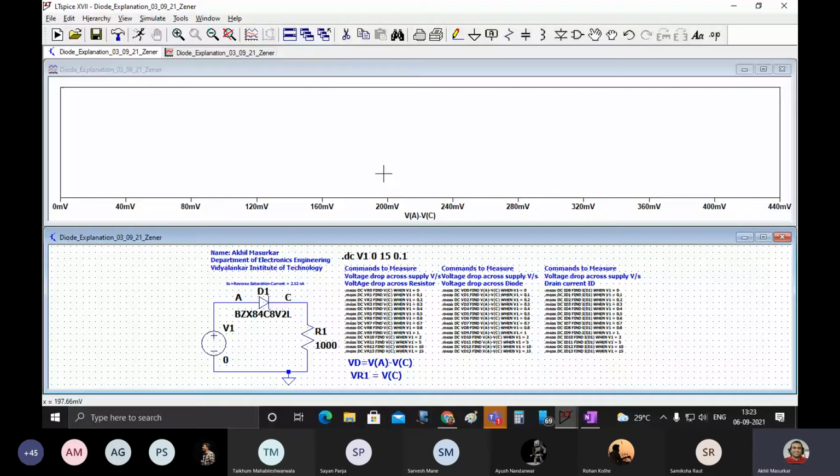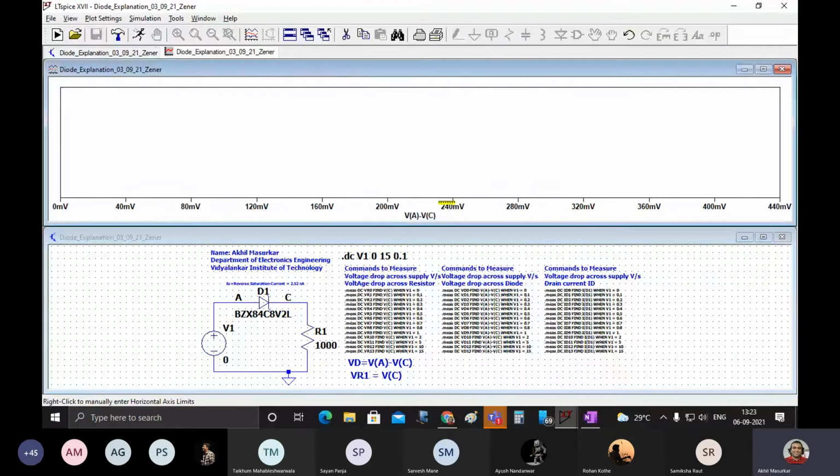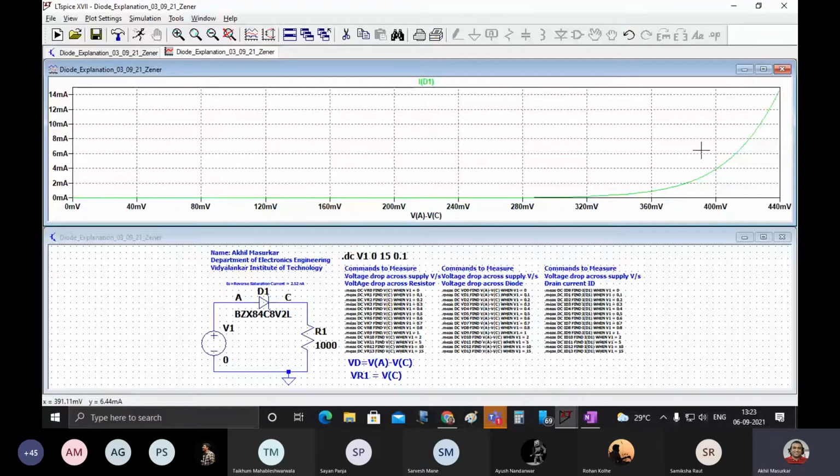Now on the x-axis we have the voltage across the diode. On the y-axis we'll add a trace and say ID1, and we should be able to see these characteristics. I hope you are able to see this particular characteristic.